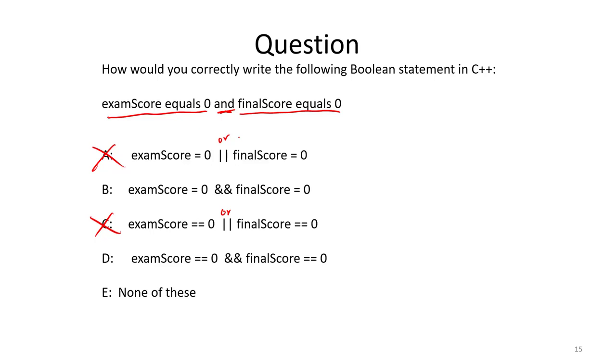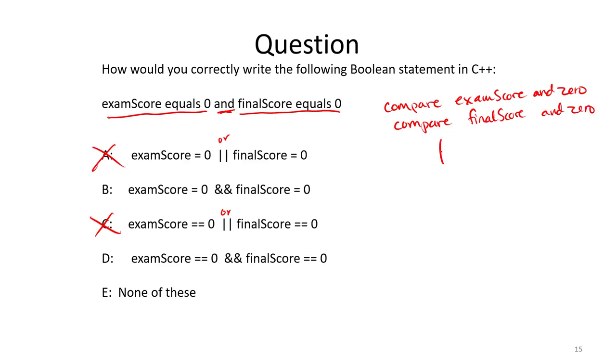Next, notice what we're trying to do. We want to compare exam score and 0. And we want to compare final score and 0. So in order to compare, do we use single equal or double equal?